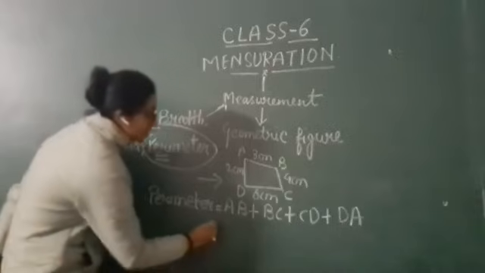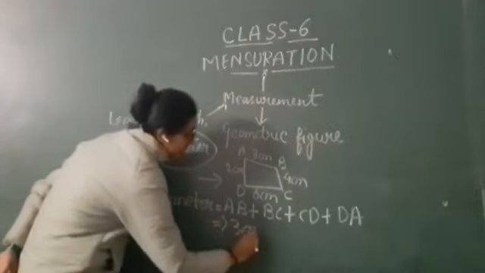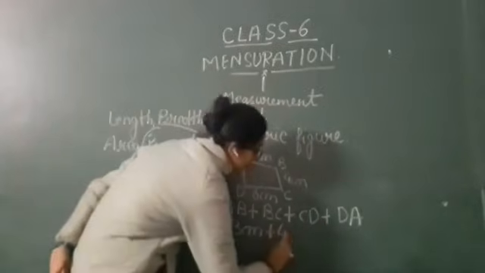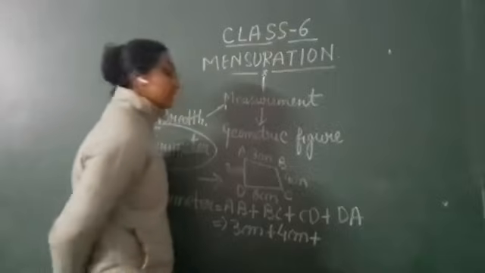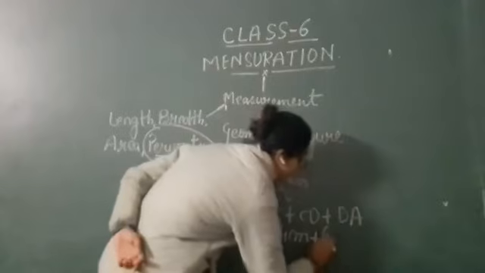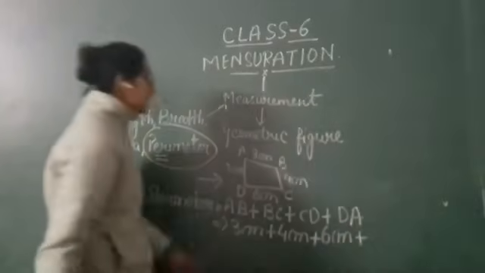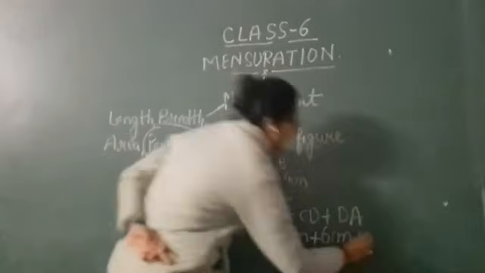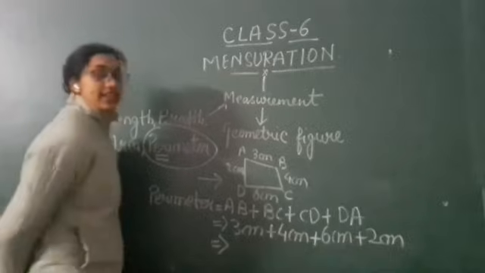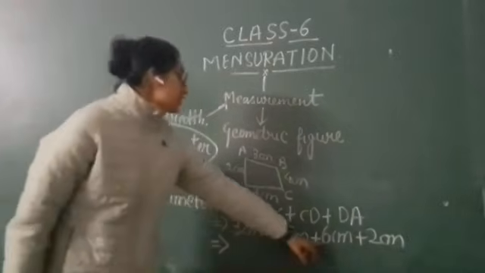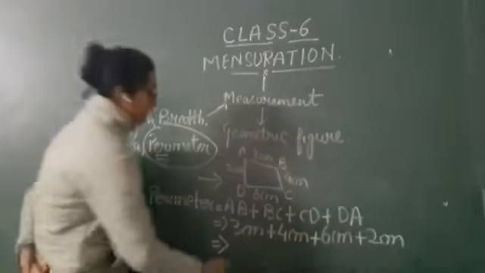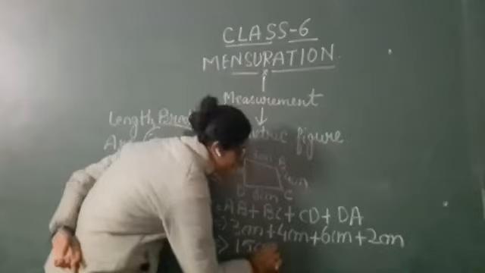AB is 3 cm, BC is 4 cm, CD is 6 cm, and DA is 2 cm. Now we add all the lengths: 6 plus 4 is 10, 10 plus 3 is 13, 13 plus 2 is 15 cm.